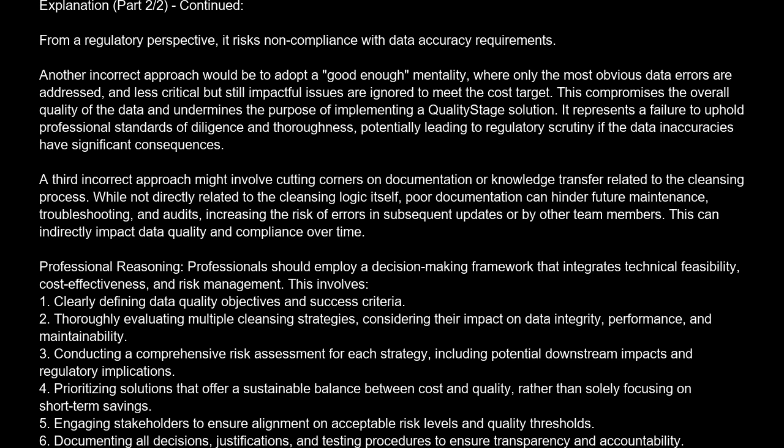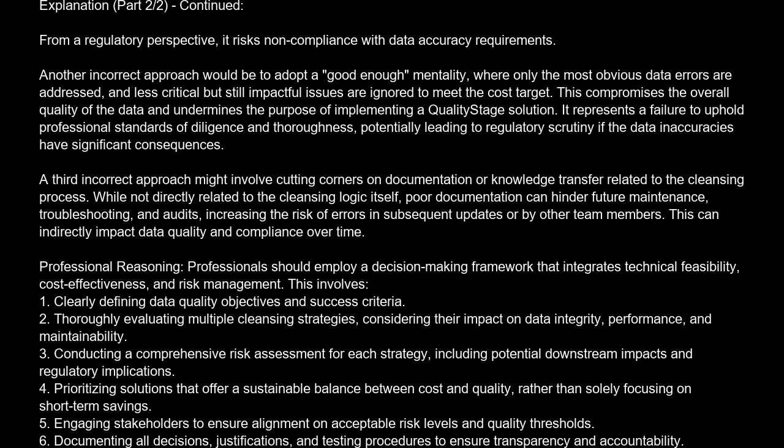Professional reasoning. Professionals should employ a decision-making framework that integrates technical feasibility, cost-effectiveness, and risk management. This involves: 1. Clearly defining data quality objectives and success criteria. 2. Thoroughly evaluating multiple cleansing strategies, considering their impact on data integrity, performance, and maintainability. 3.